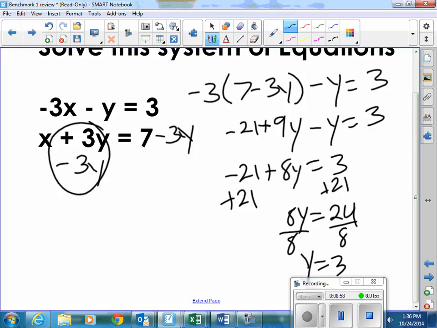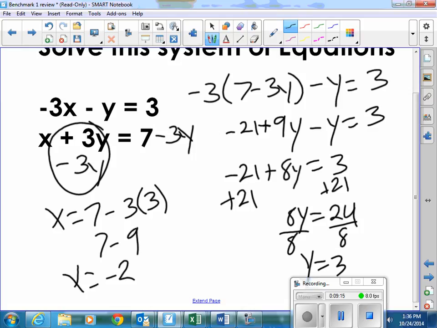Well, if y is 3, here we say x is equal to 7 minus 3 of them, 3 y's, 3 3's, 7 minus 9, negative 2. x equals negative 2. So as a coordinate, we would say negative 2 comma 3. That's the place where those 2 lines intersect.